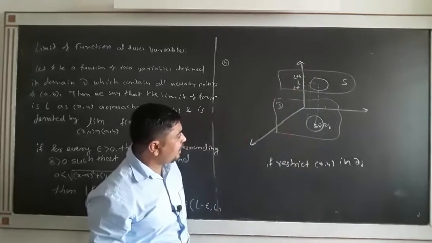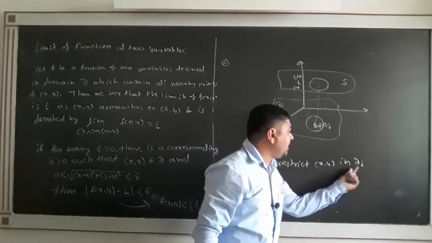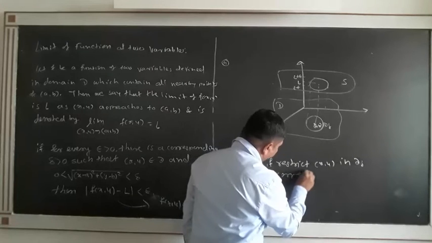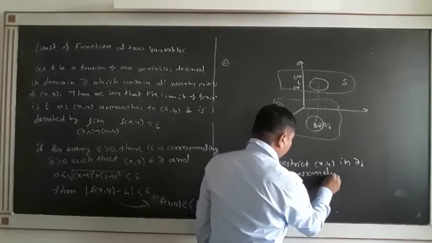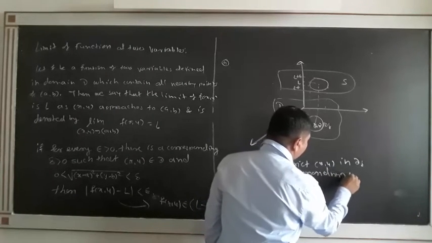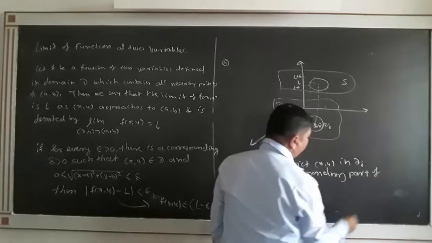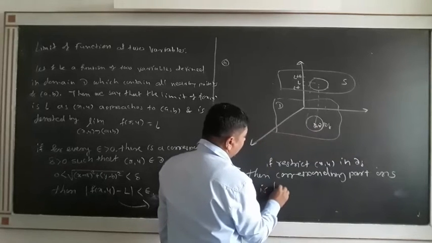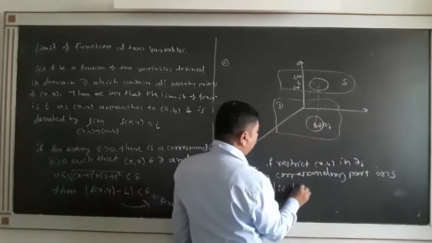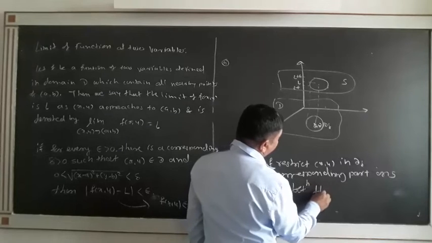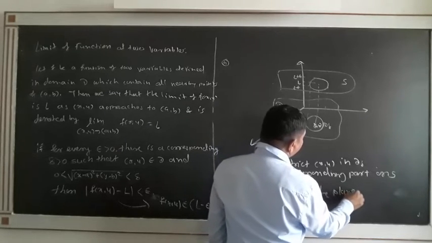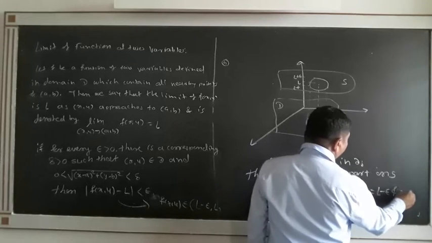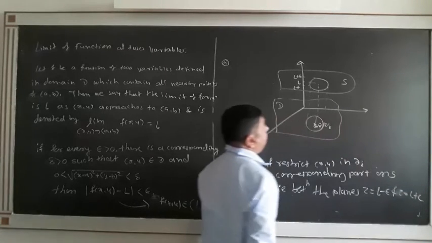So if we restrict all (x, y) in D delta, then the corresponding part of S lies between the planes z equal to L minus epsilon and z equal to L plus epsilon.